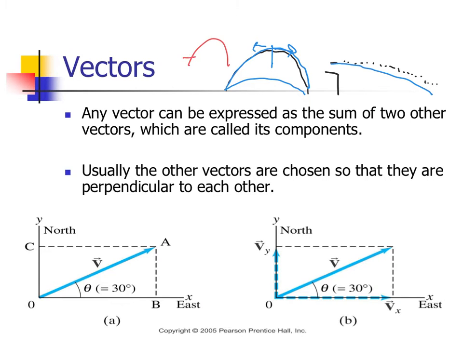If we zoom in to that area, we can envision that that arrow is the object that's launched, just say, at a 30-degree angle above the horizontal.